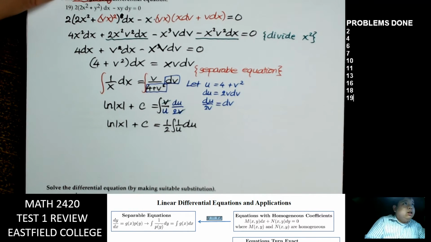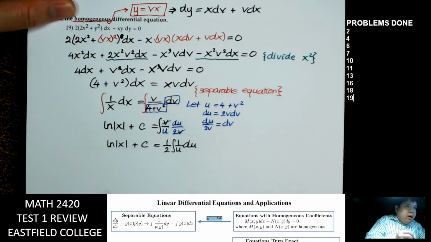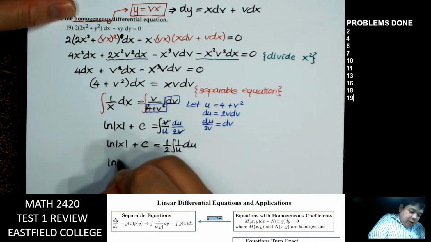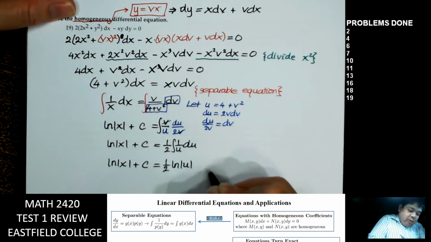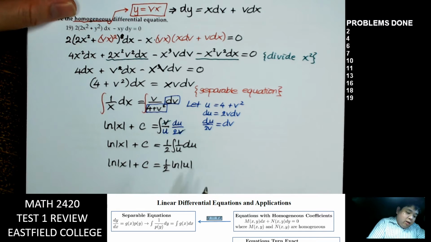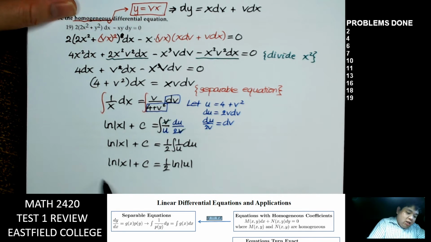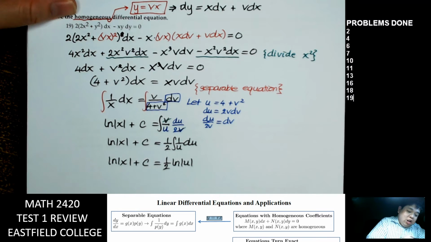Right. So ln of x plus c equal to 1/2 ln of u. We only need one constant. Let's multiply the 2 to that side. By the way, u is 4 plus v squared, so let's substitute that back in first and multiply the 2 on that side.